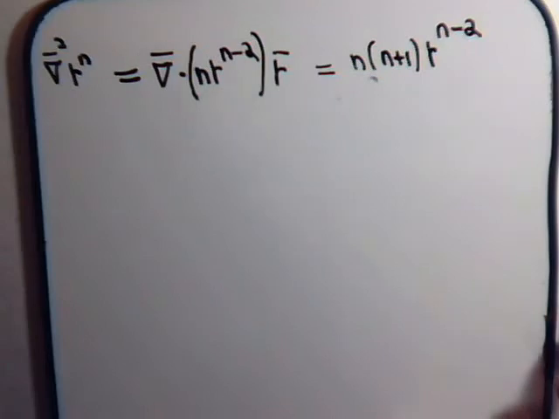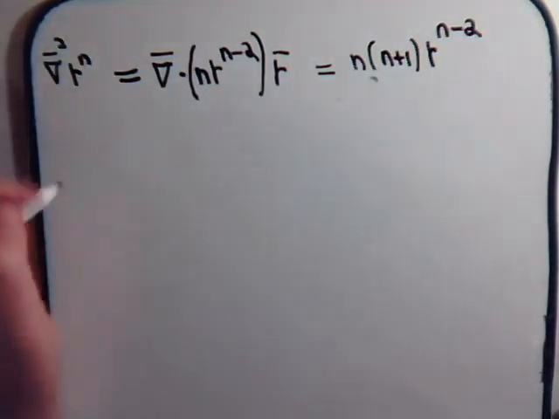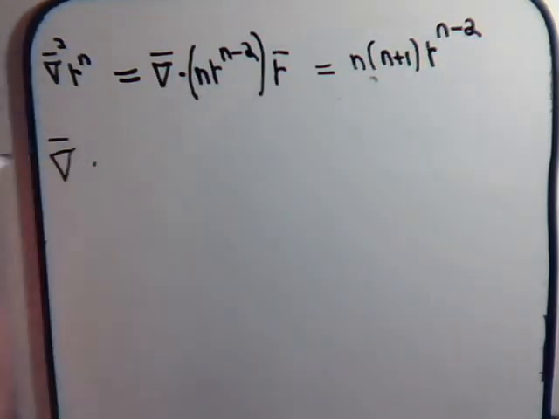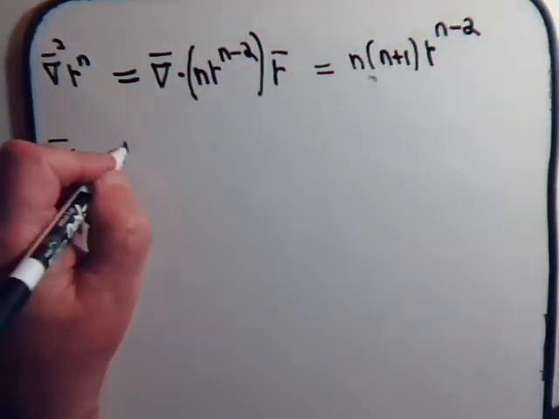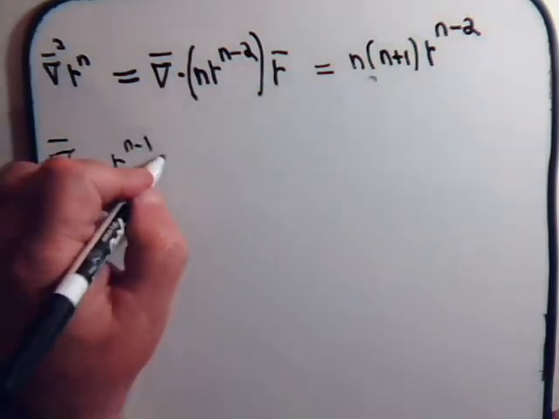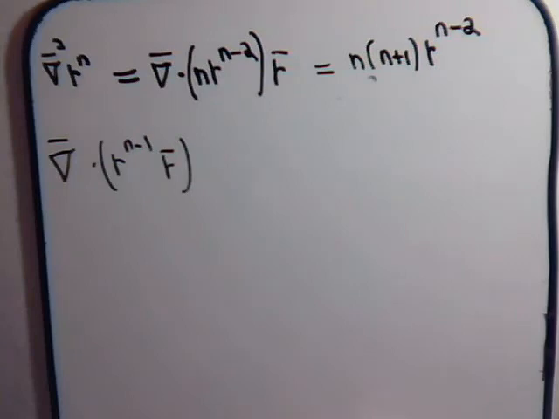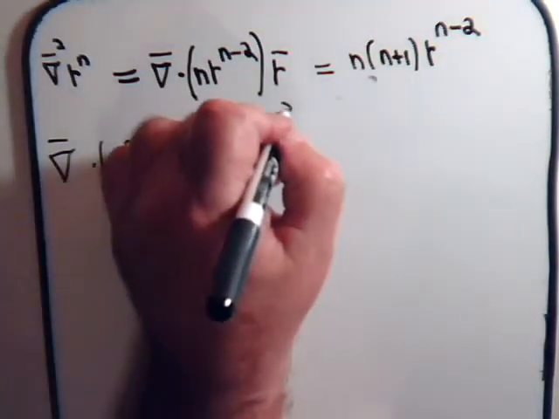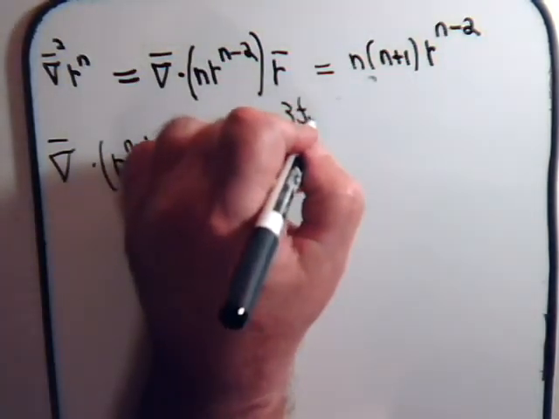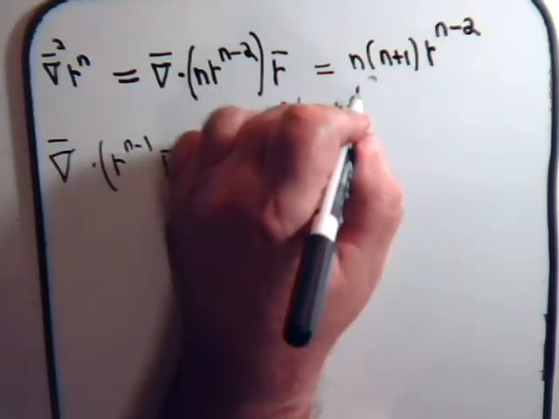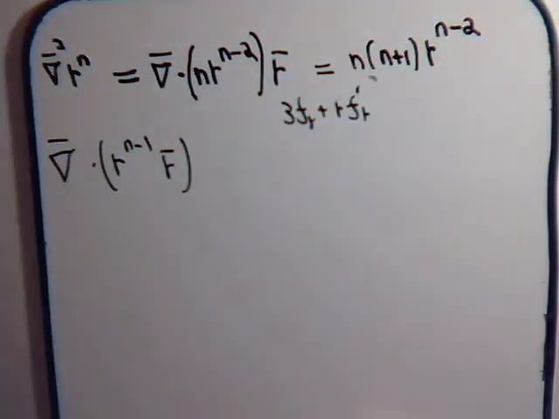Suppose, for example, we had this problem where we have del dot r to the n minus 1 times this. Our formula was it's 3 times the scalar quantity plus r times the derivative of the scalar quantity.